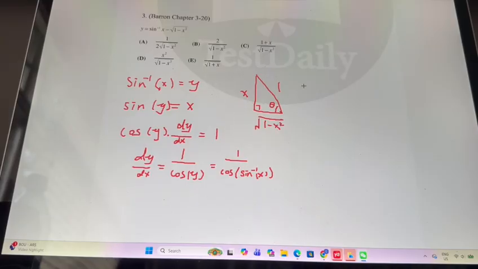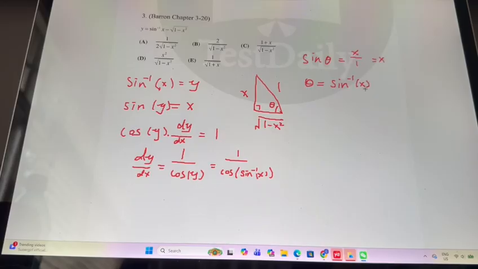Now we know that theta equals sine inverse x. This is because sine theta equals what? Sine is opposite over hypotenuse, so x over 1, which is x.